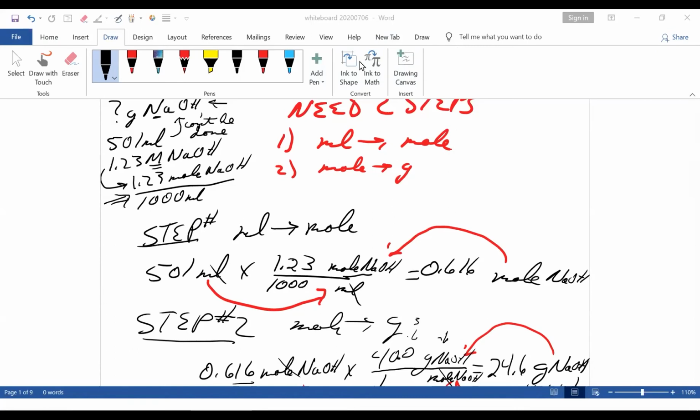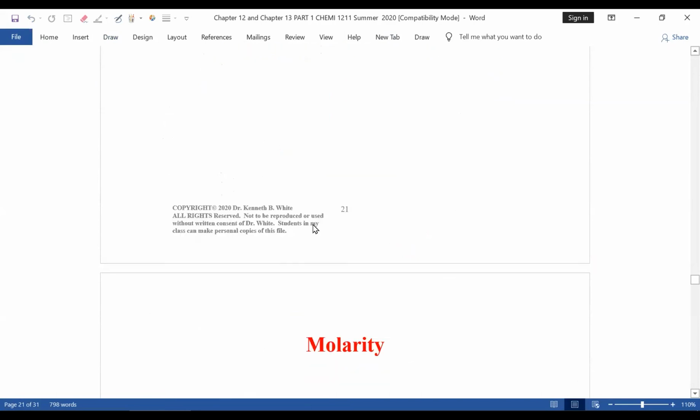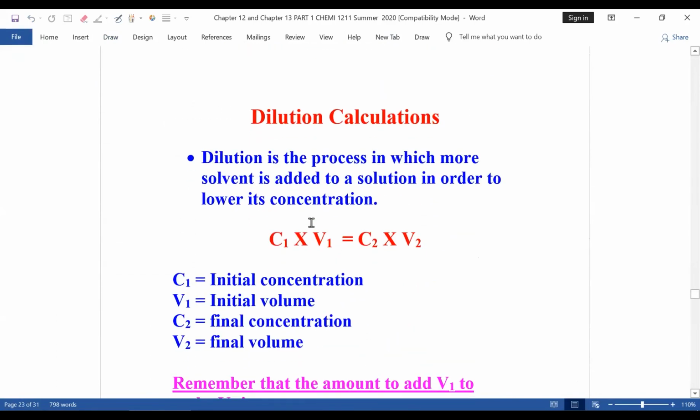Again, normally I don't, but I think it was good for me to take extra time to do this. So we did some molarity. Now, listen carefully. Because of the time constraint, I will not, on test number 3 or the final, do any dilution problems.